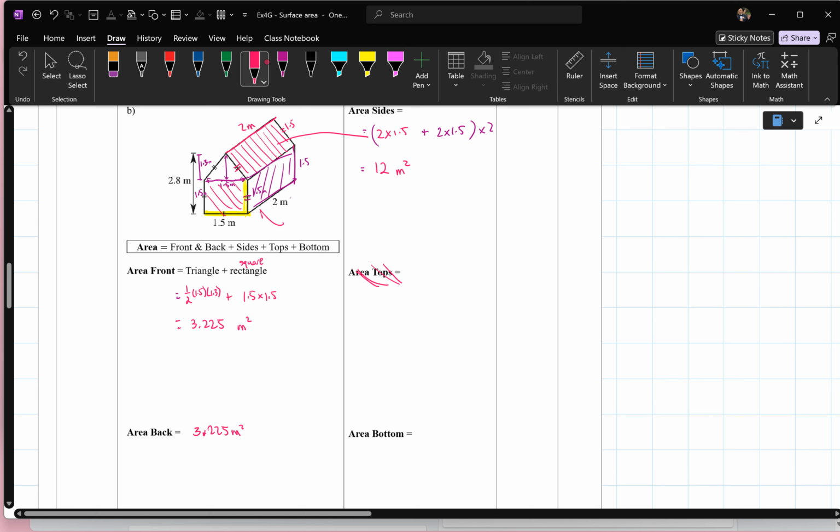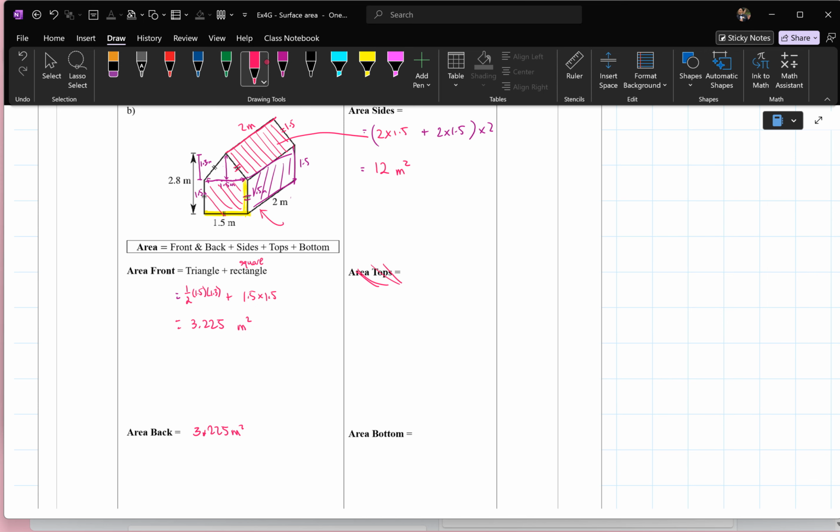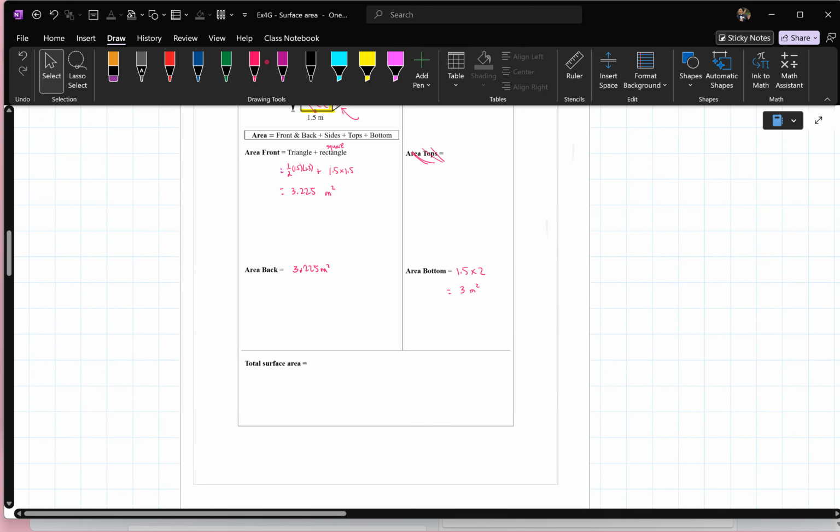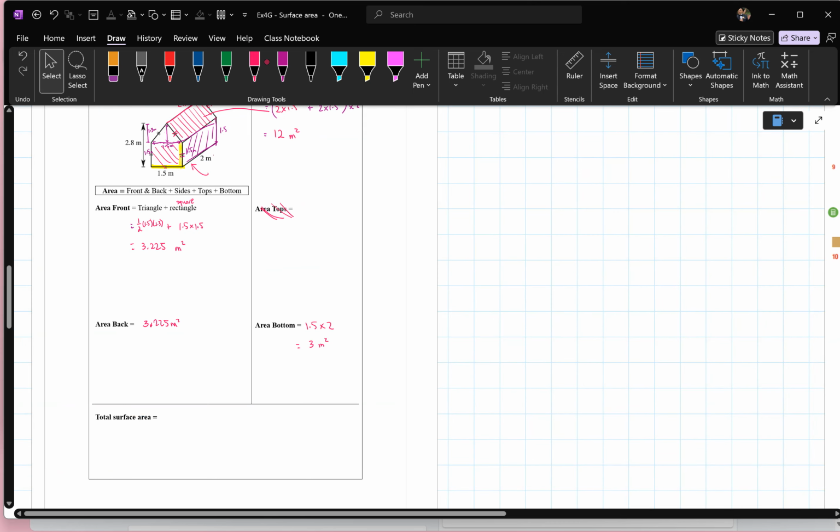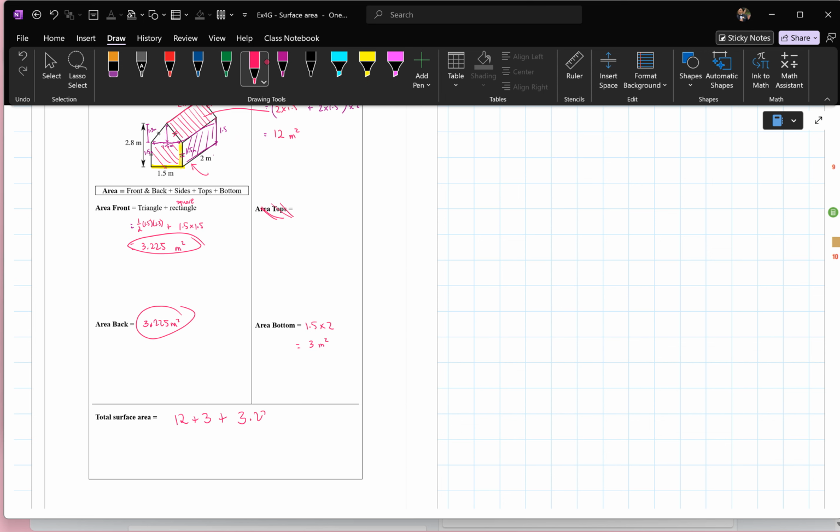So the bottom is another rectangle. And again, it's a 1.5 by 2, which is really just 3 squared meters. So putting them all together, your total surface area should be 12 plus the 3 plus, and you got 2 of these. So maybe I'll just do 3.225 times 2.